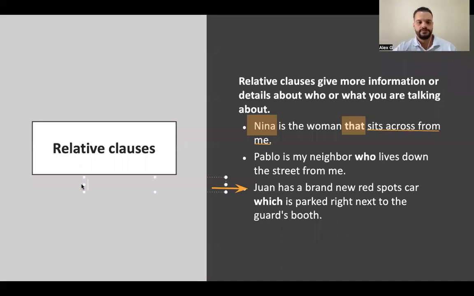The first one that we used is going to be that. That or which is going to be used for objects. And we're going to use who for people, okay? So make sure that you use the relative clause that or which for objects and use who for people, okay?